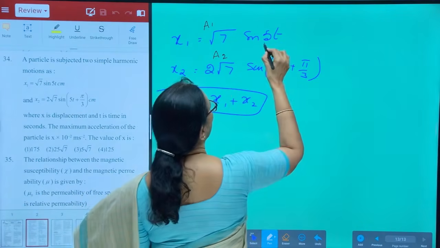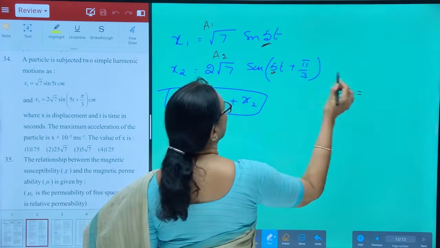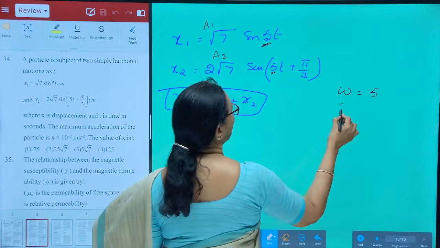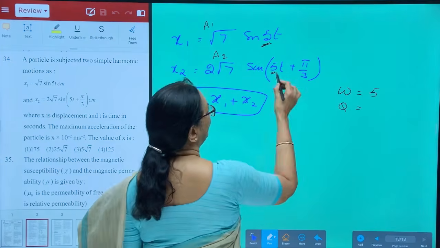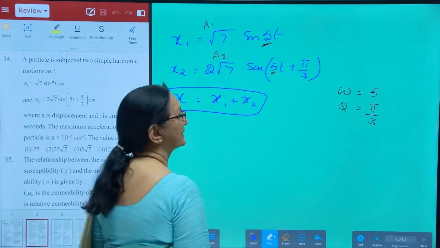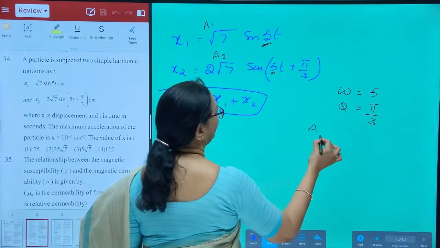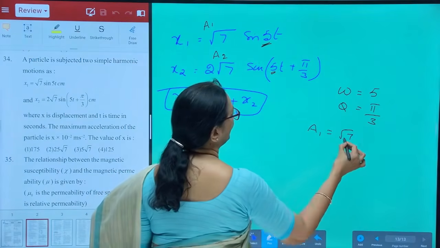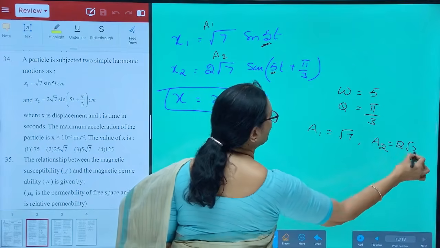From the relation a sin omega t, here omega is 5 and the phase difference between them is, this is sin 5t, this is sin 5t plus pi by 3. So, the phase difference between them is pi by 3. So, amplitude of the first wave is root 7, amplitude of the second wave is given as 2 root 7.